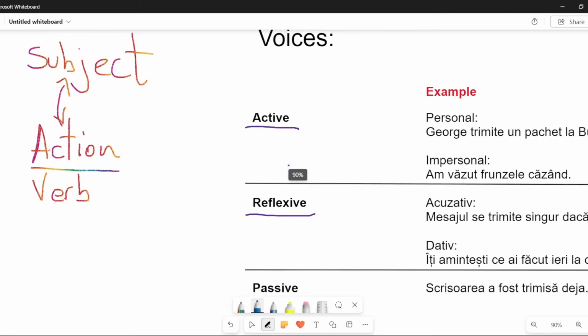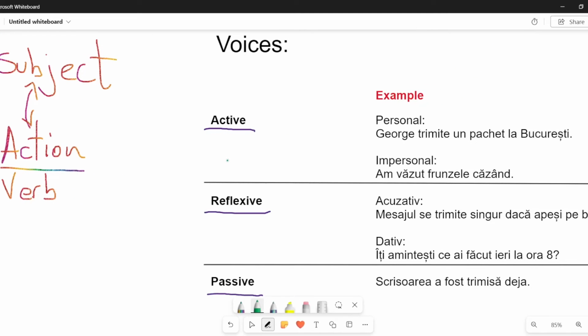Literally. The active voice really does cover all the moods and the tenses that we were talking about in the previous episode. All from indicative to the supine mood and from present to the more than perfect tense.